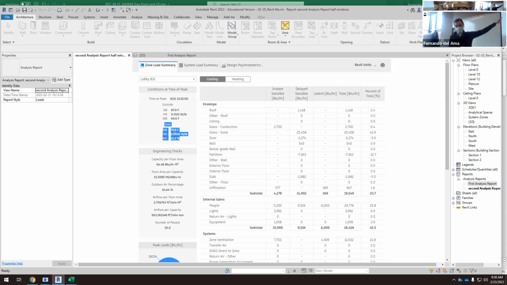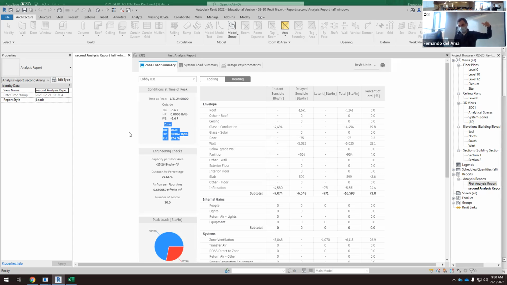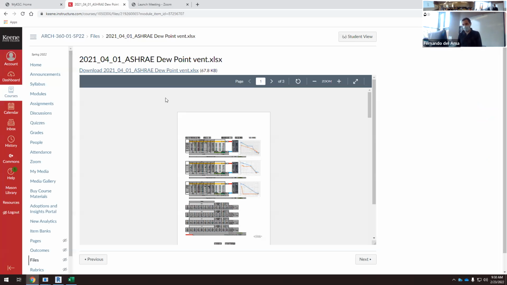It's 75 for cooling, but we are working with heating. For heating it is 70 and the relative humidity, no, this is the humidity ratio. Now I get the point. So this is the relative humidity and this is the humidity ratio. That's why we have these units.